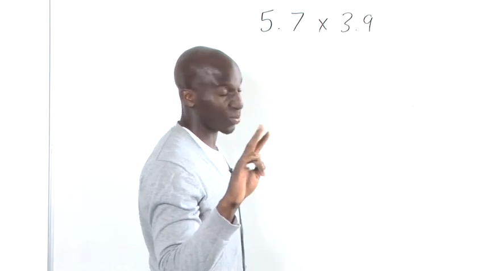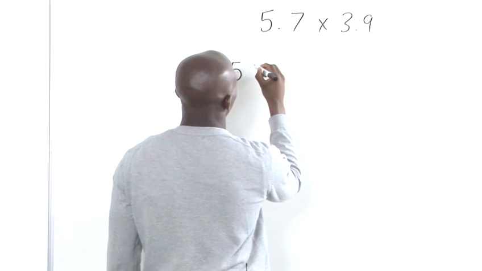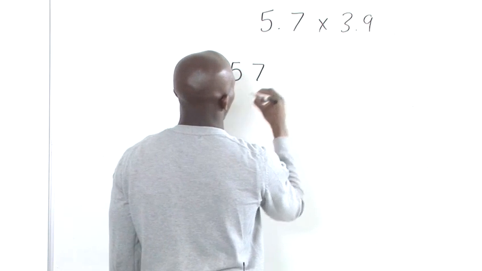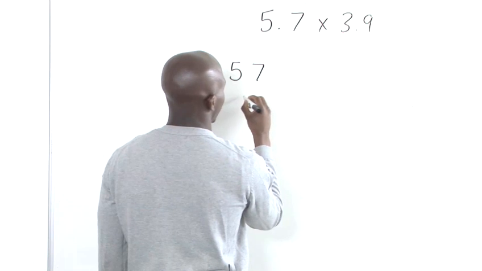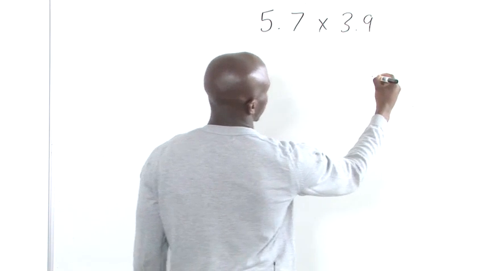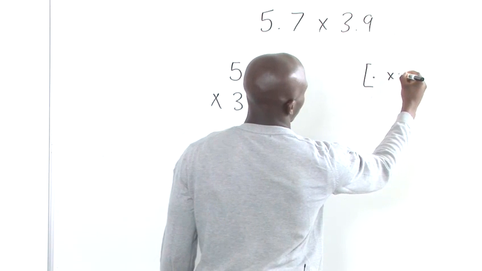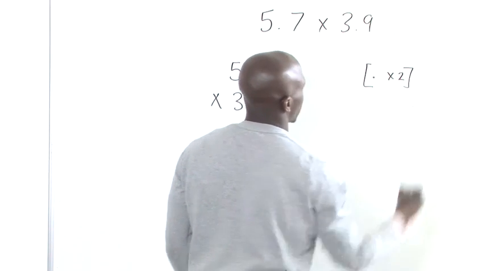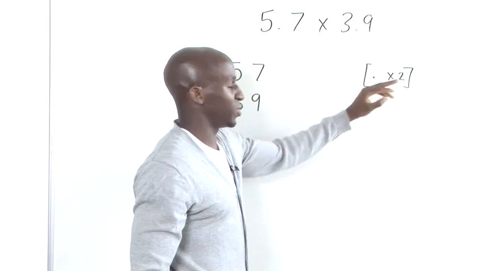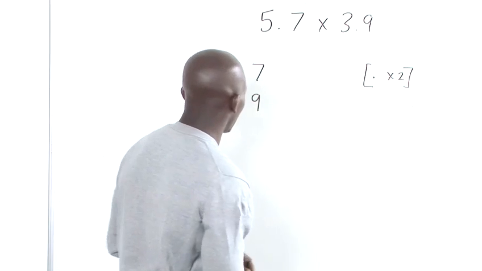So that's twice that we've done it. So you might want to leave a marker in the side of your page saying decimal point times 2. This will remind you to bring the decimal point forward twice, okay?